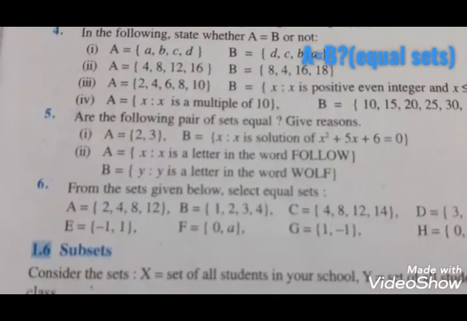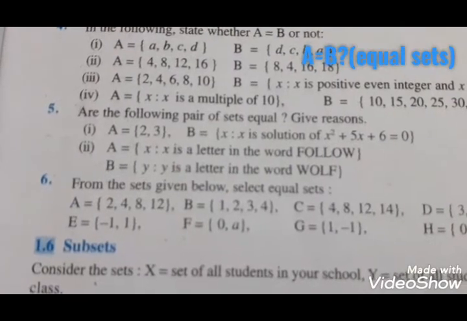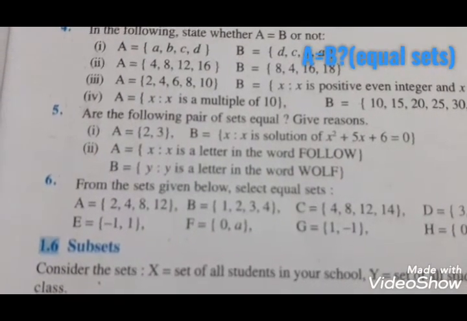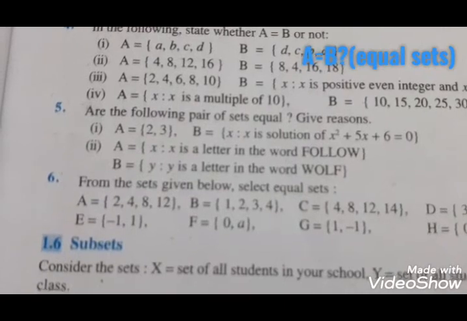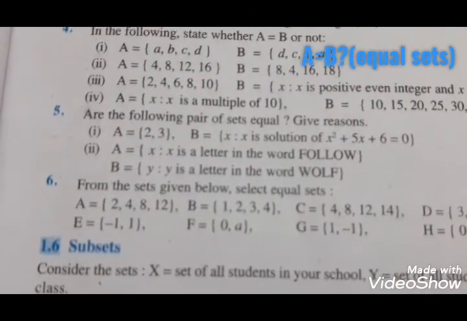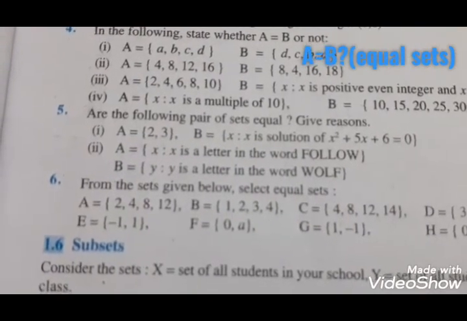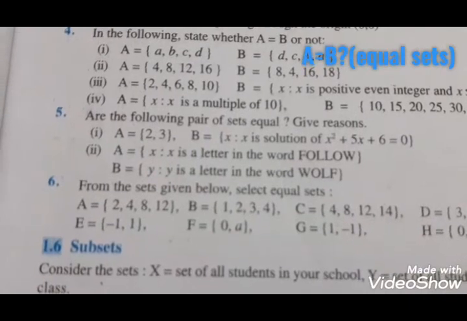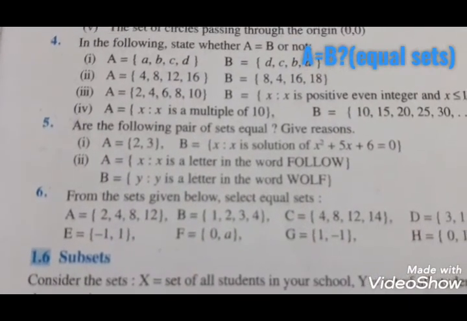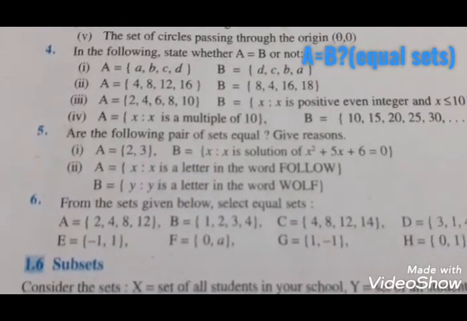So here 10, 20, 30, 40, which are the elements of set A, are included in B, but more elements like 15, 25, 35 are given in set B. So here all the elements of A are present in B, but B is the bigger set and A is the smaller set. So both sets have different numbers of elements and the elements are also not the same. So we say that they are not equal sets.